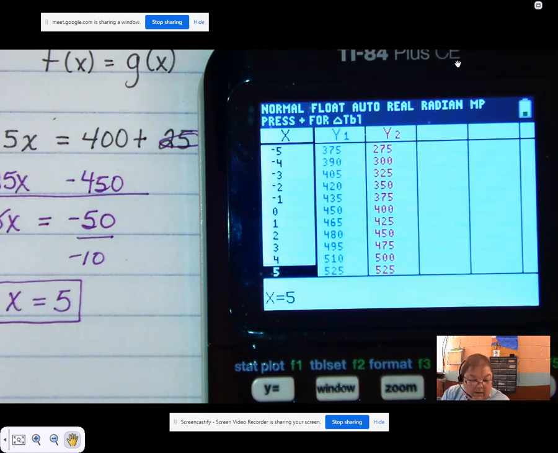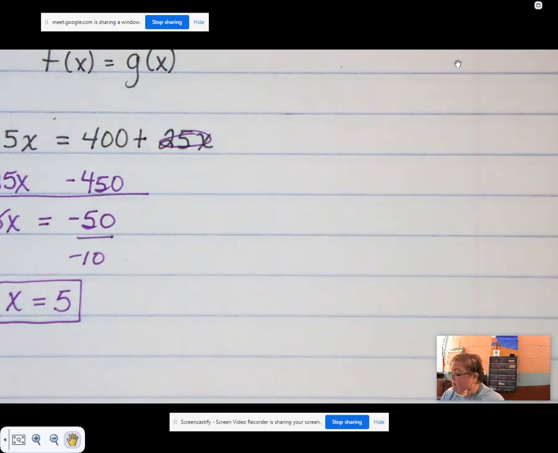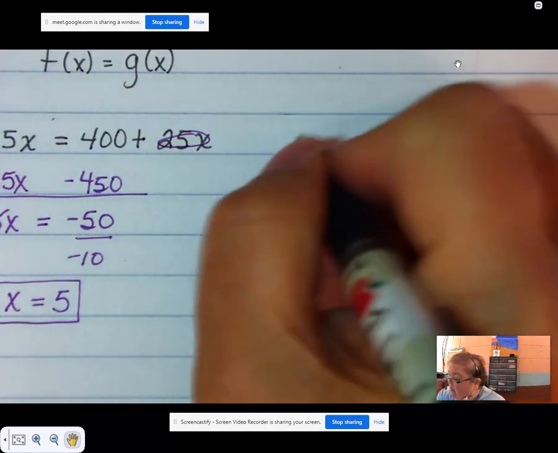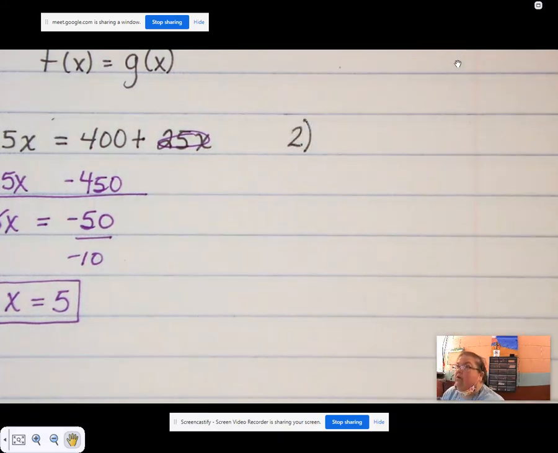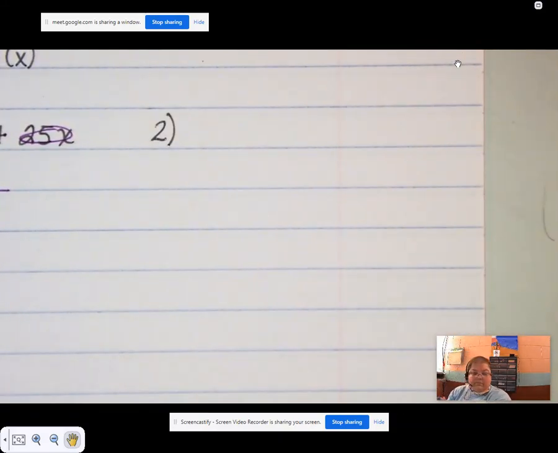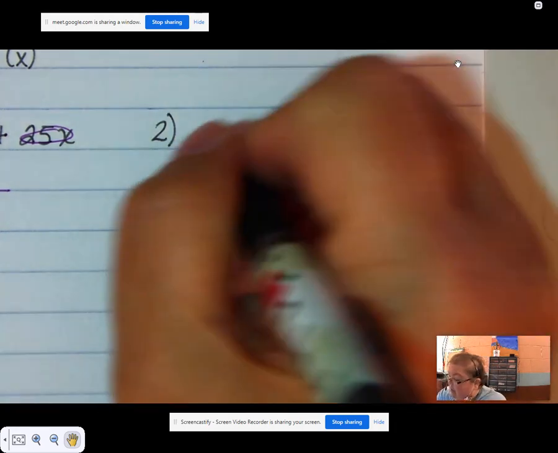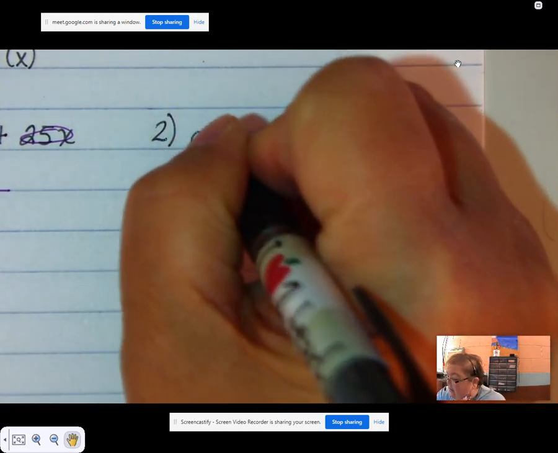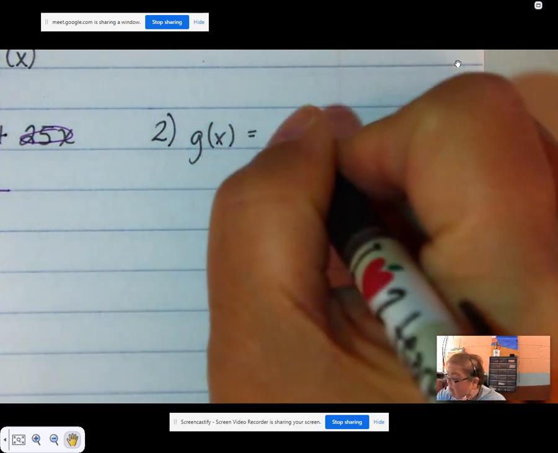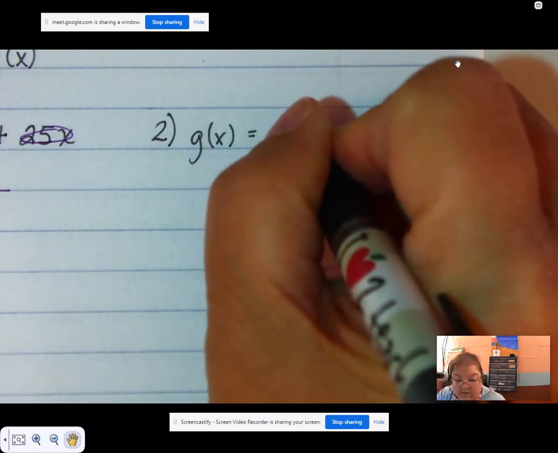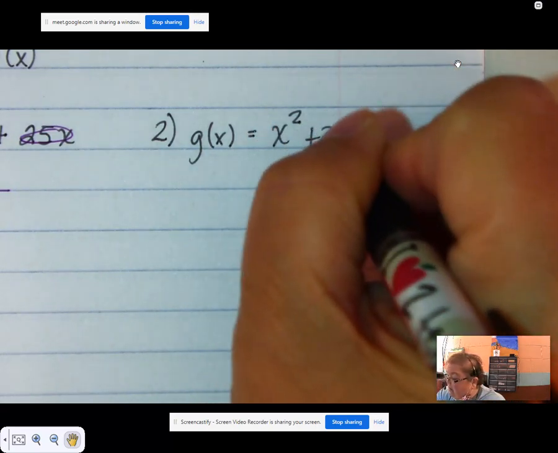Okay? When I look at number 2, because I want to give you more than one way to figure these out. Number 2, I have g of x equals x squared plus 2x minus 8.